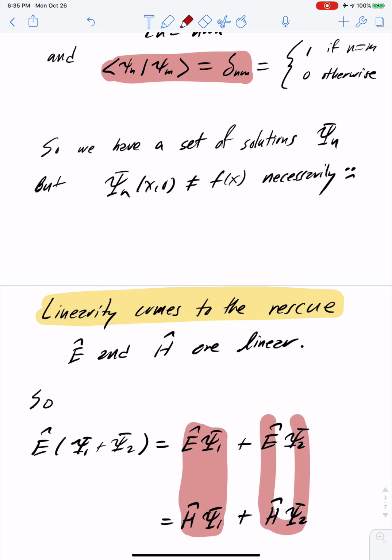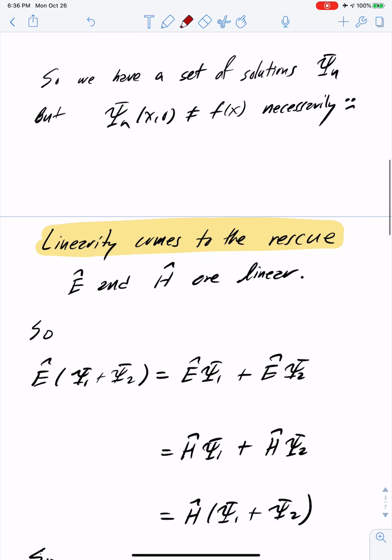Likewise, these are equal. So we can also write it like this, but the Hamiltonian is also linear, so we can rewrite that like that. So E acting on this is the same as H acting on that, which means that sum is also a solution to the time-dependent Schrödinger equation.